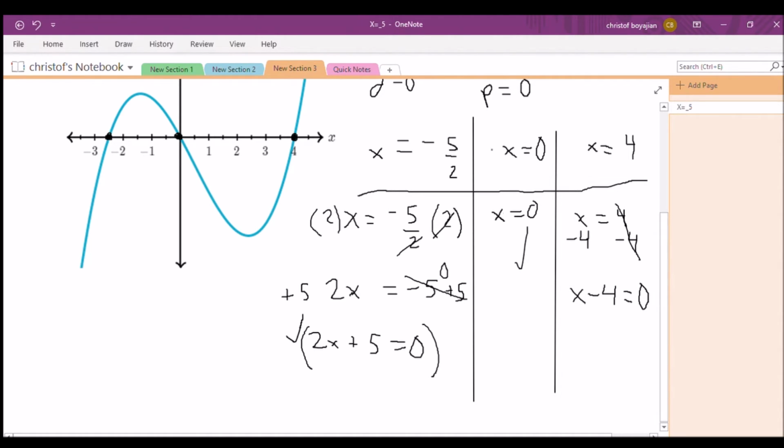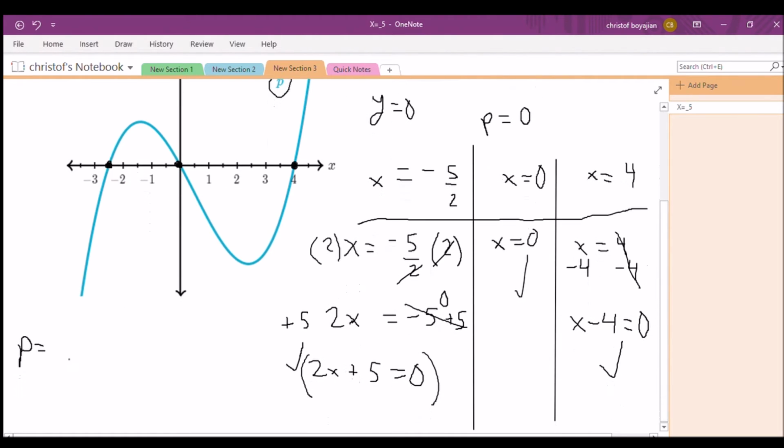Now that we have our three pieces of information that we need for our equation, we simply say that our function p is equal to, well, we just multiply all of these together.